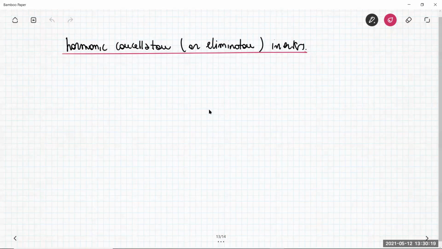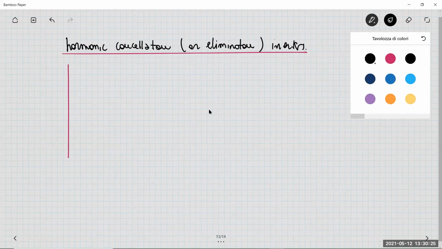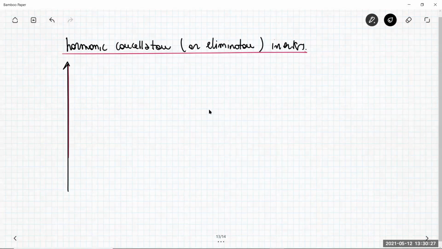Let's start with this square wave behavior. So this happens in square wave. Let me call this VAN.